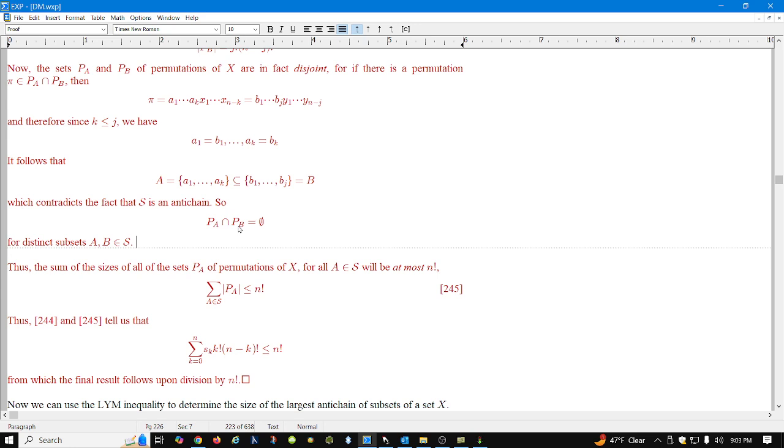There's nothing in common. So the sum of the sizes of these sets P sub A, as A ranges over the entire antichain, has to be less than or equal to n factorial, which is the number of permutations of X.